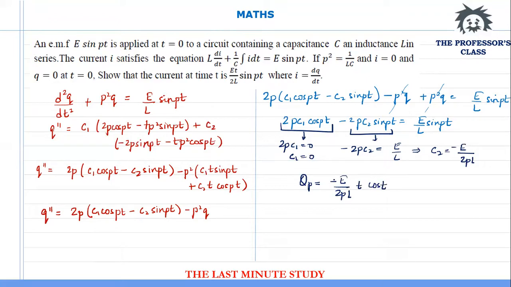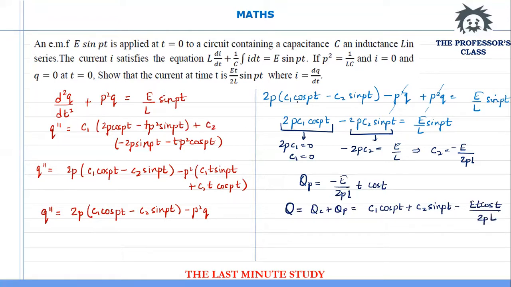Now the final equation of Q will be QC plus QP, which is equal to C1 cos PT plus C2 sin PT minus E T cos T by 2PL.